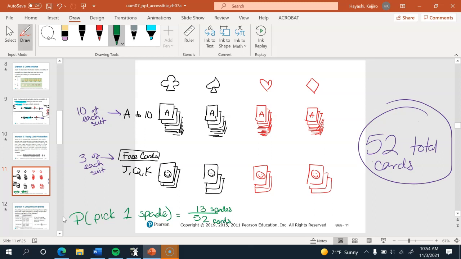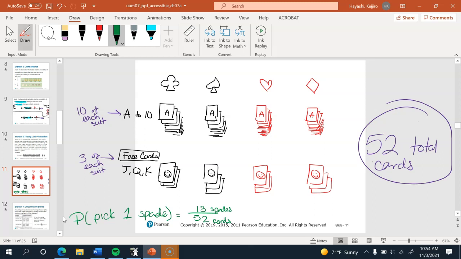Right, so again, it's the total possible outcomes on the bottom. There are 52 cards that you can draw, and desired outcomes on top, right? Any one of the 13 spades will count.